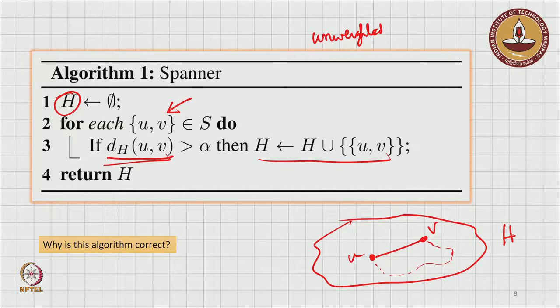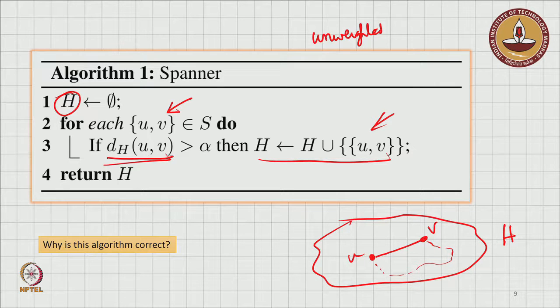If it is greater than alpha, then we must include the edge UV in the spanner. Otherwise, we don't have to execute this inclusion line over here. Okay, and at the end we just return H.